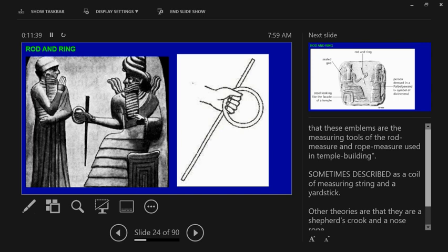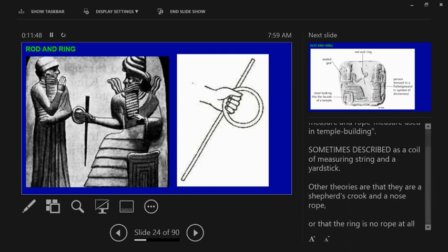And the rope is a measure used in temple building. Sometimes it's described as a coil of measuring string and a yardstick. Other theories are that they are the shepherd's crook and nose rope.